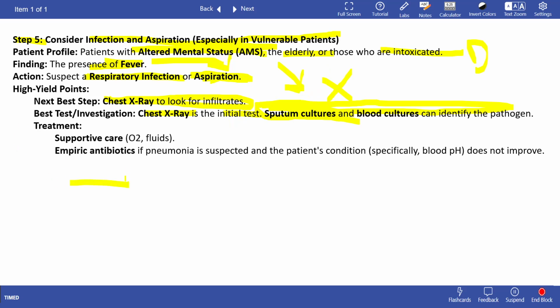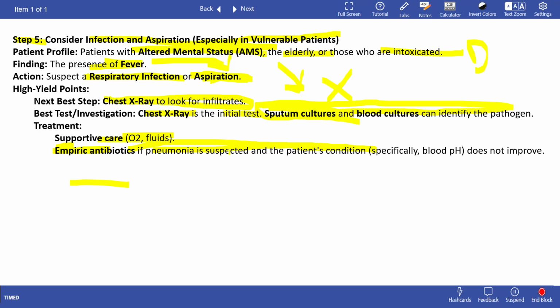So treatment is supportive: oxygen, fluids, empiric antibiotics if pneumonia is suspected. As I said, we treat the community acquired infections empirically. If the patient has a sickle cell condition or any morphological defect such as COPD or any already present chronic condition, then we go for sputum cultures. Otherwise, we don't.